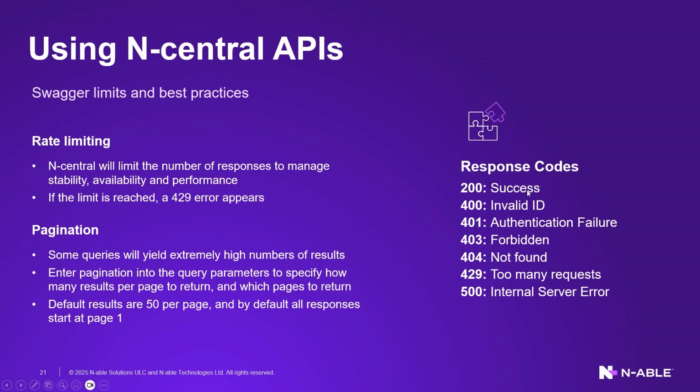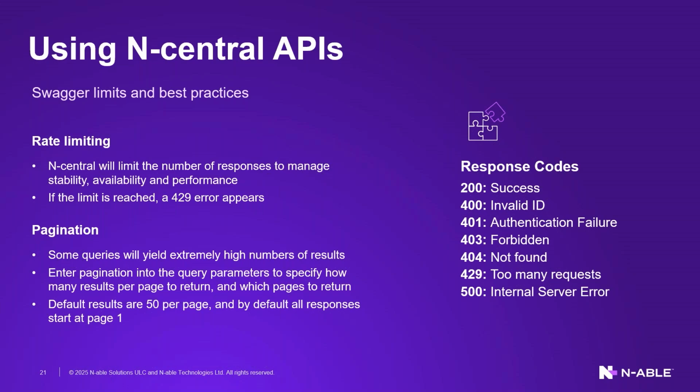That means the API call has been successful. But if you see something like 401, for example, it might be an authentication failure. 403 or 404 might be not found. So if you're trying to do an API call, maybe using a script where the function is not available within your instance of N-Central, you'd get something like a 404.